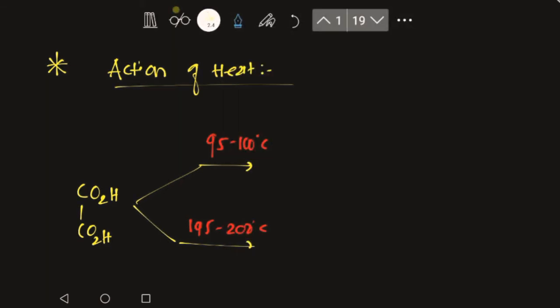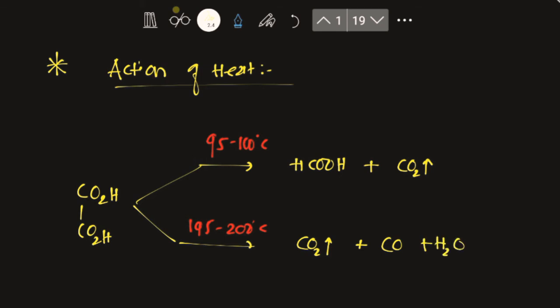That is, removal of CO2 will be preferred. Look at this one. In the first case, formic acid plus evolution of one CO2 takes place at 95 to 100 degrees Celsius. If we raise the temperature to 195 to 200, all get evolved: one CO2, one CO, and a water molecule.